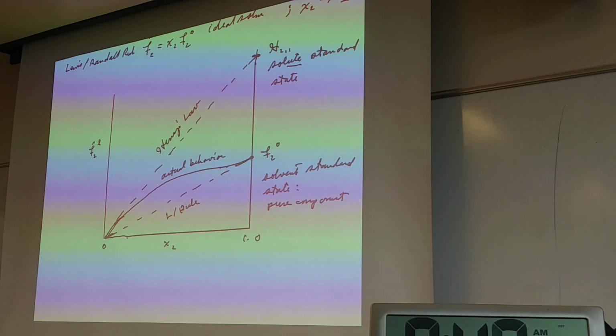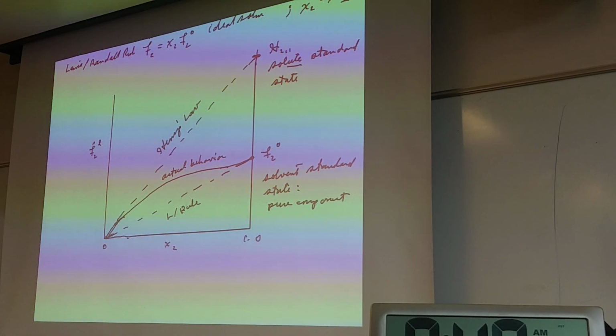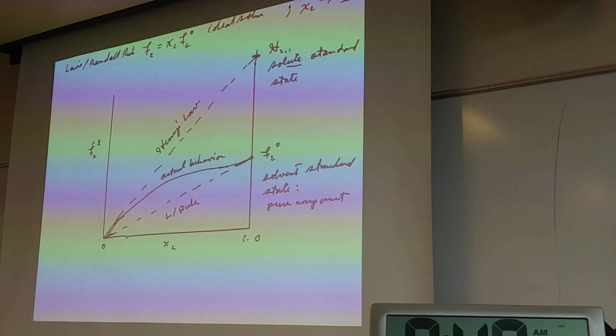If we stated in words what the solute standard state is, it would be the fugacity of a hypothetical Henry's law solution of 2 in 1 when x2 goes to 1. So that's what's embraced here in the diagram, but that's what it would be if we wanted to state it out in words. So we've got these two standard states to consider.